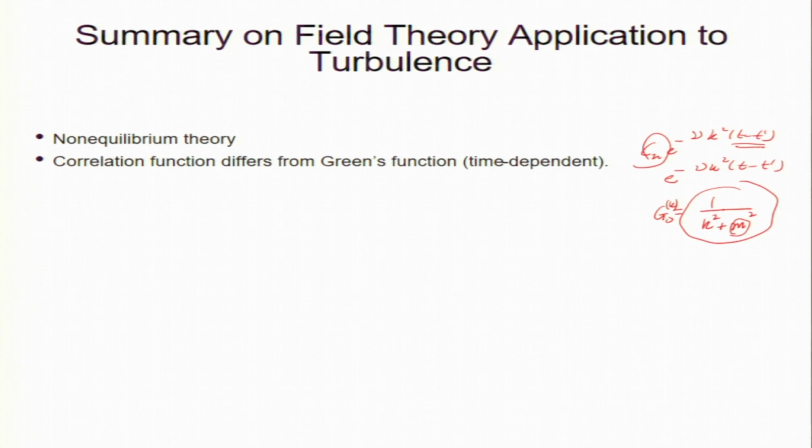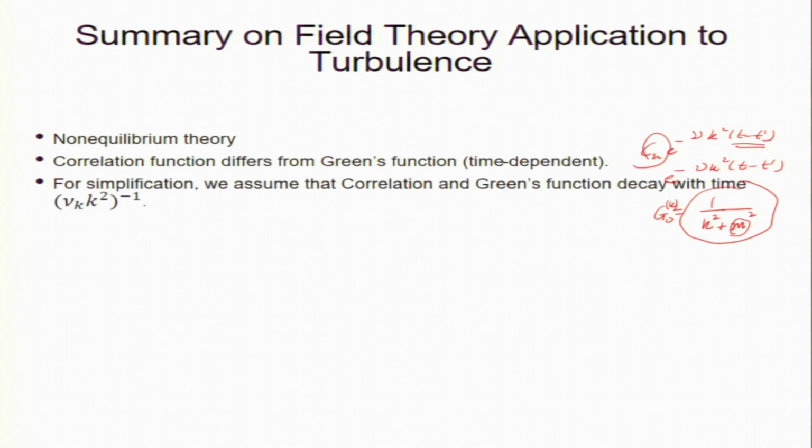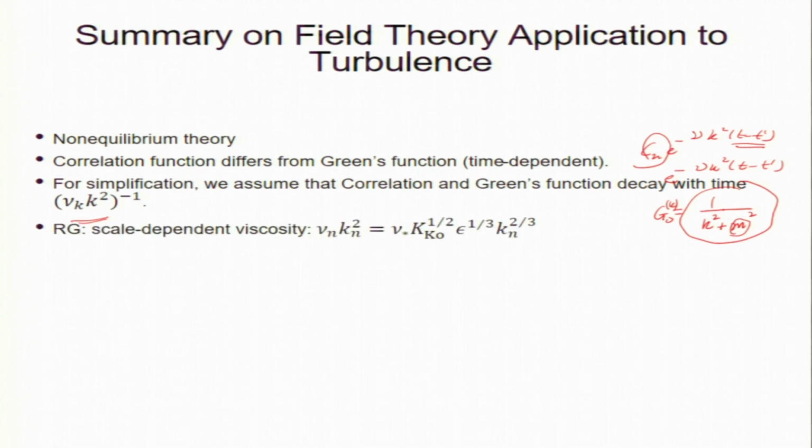So, you can see the Green's function is very different. I hope you remember this one after the course. They are time dependent, and if I decay with this decay rate, the viscosity we found is this, which is changing with time.